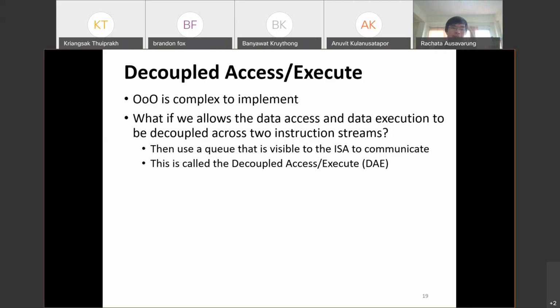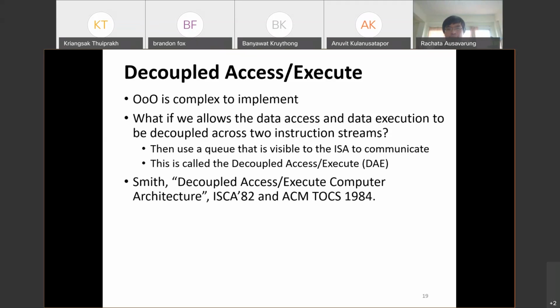This is called a decoupled access execute processor. Why is it called decoupled access execute? You decouple the data access part and the data execution part. This was proposed in 1982, and wrapped up in a journal in 1984.